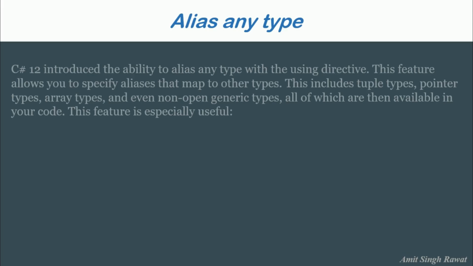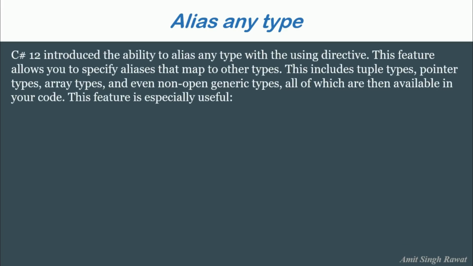Let's quickly summarize this video with some statements from Microsoft. So C# introduced the ability to alias any type with a using directive. This feature allows you to specify aliases that map to other types. This includes tuple types, pointer types, array types, and even non-open generic types, all of which are then available in your code.